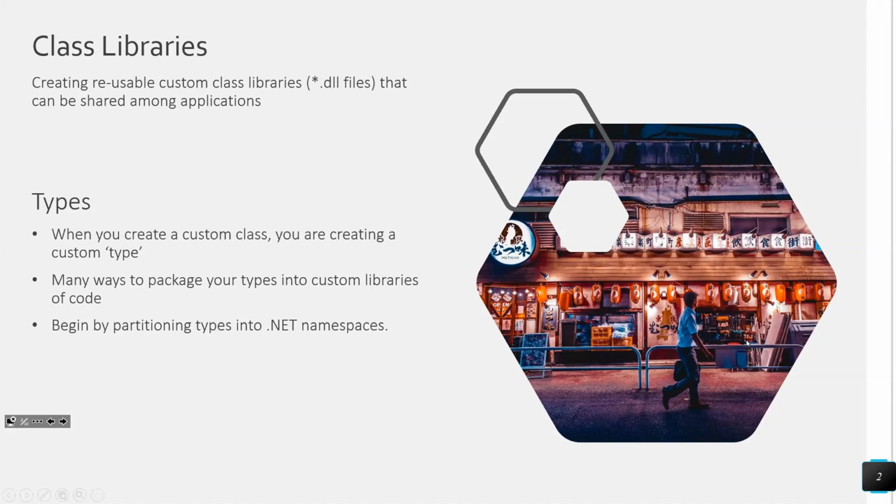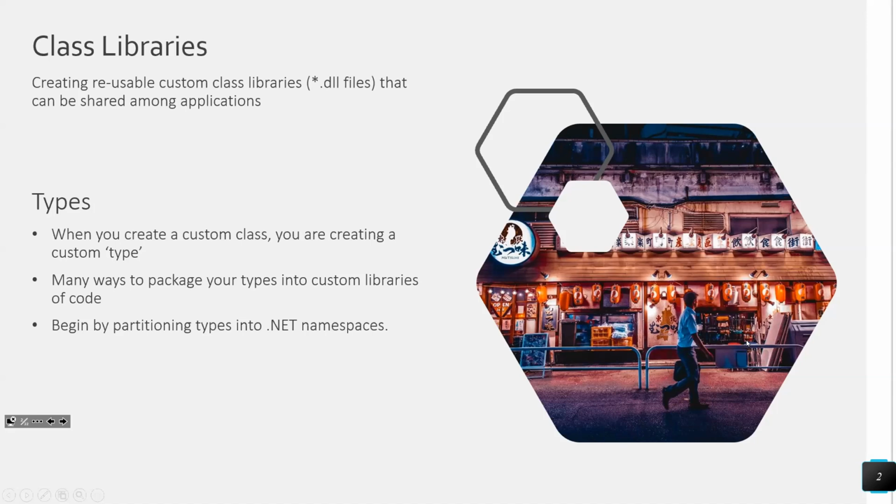Now, some terminology. Whenever we create a custom class, we're creating a custom type, right? Because whenever I specify my data type in C#, like int, I'm specifying the data type. When I create a class, I'm actually creating a new data type, right? Because I could say Rose Die as my data type because I've created that class.